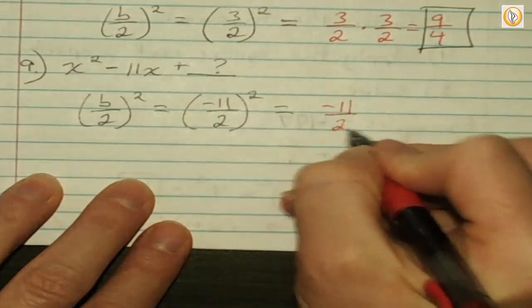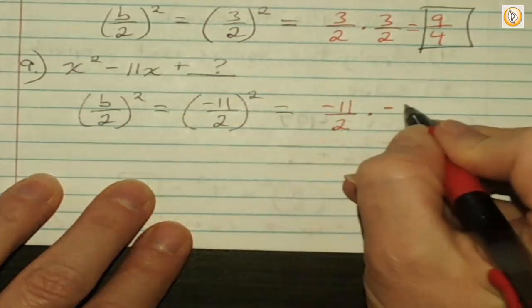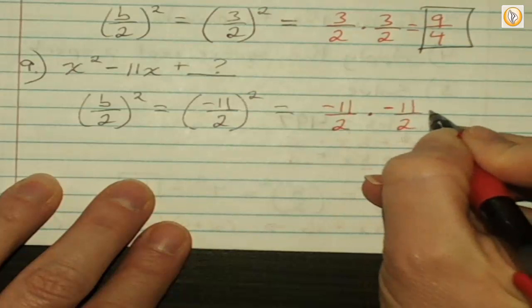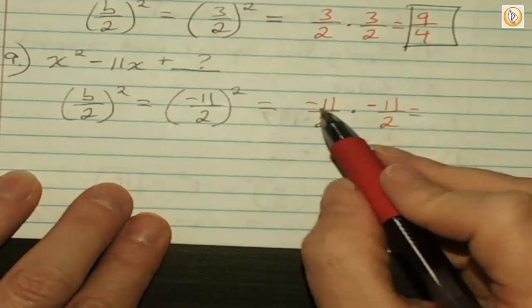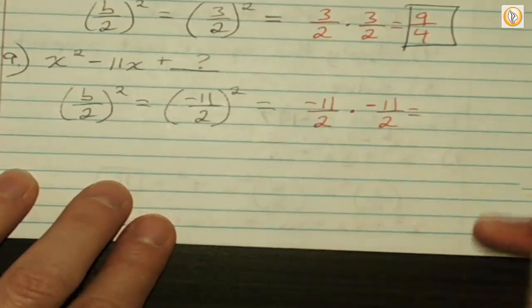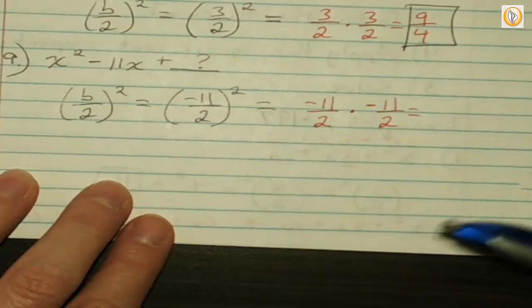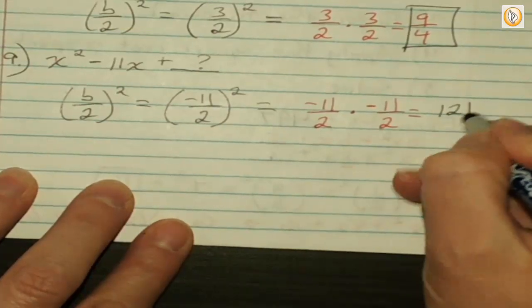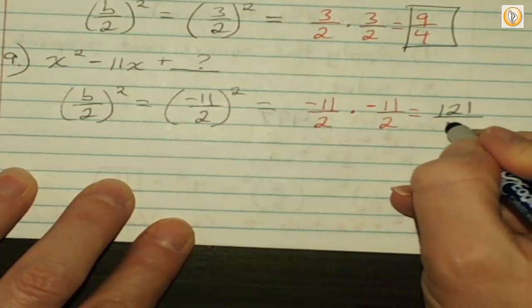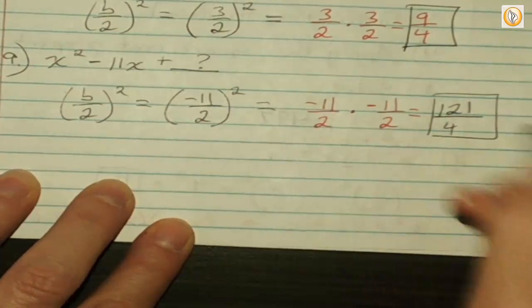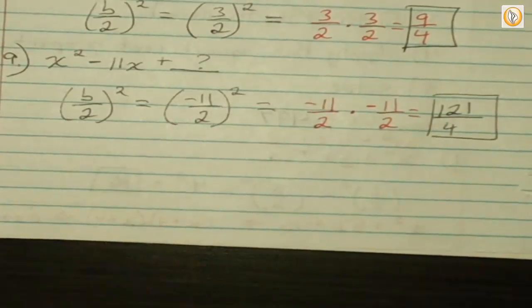Negative 11 over 2 times negative 11 over 2. Sophia, what's negative 11 times negative 11? And what's 2 times 2? There you go. We are completing the square. Any questions? Okay, so there's some examples.